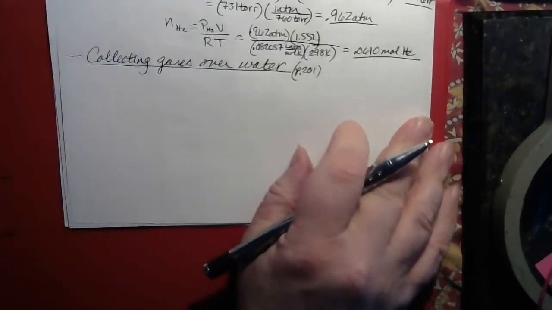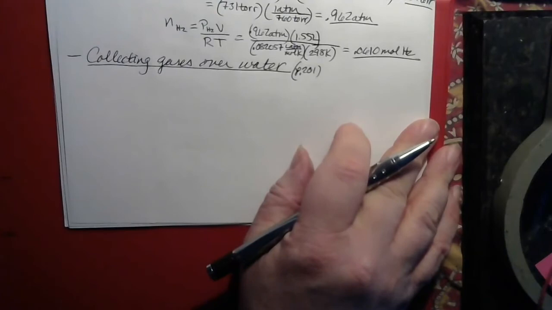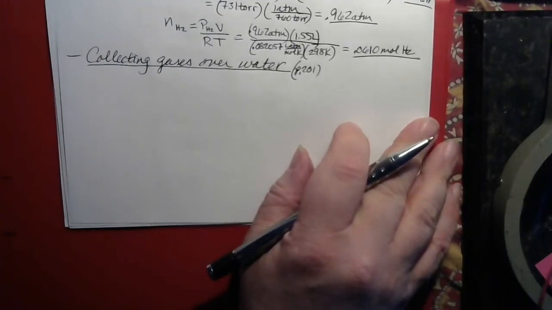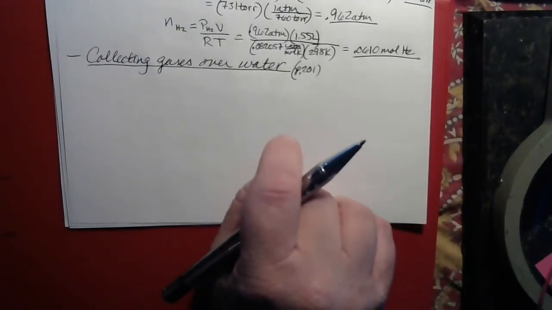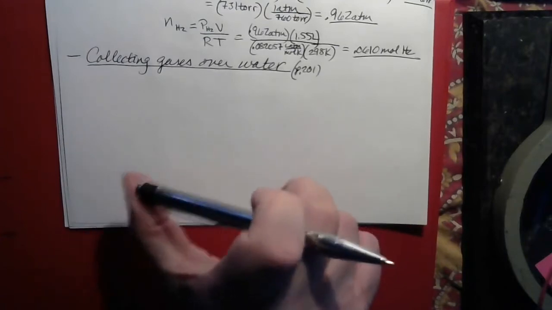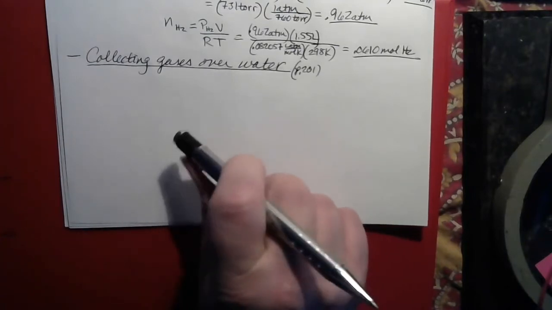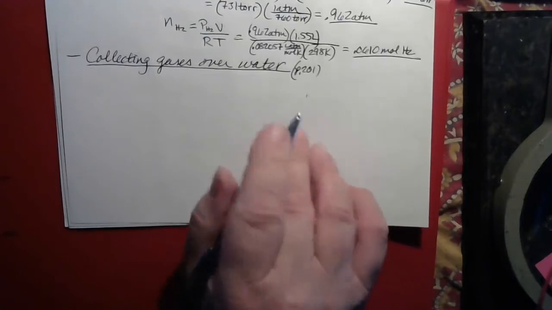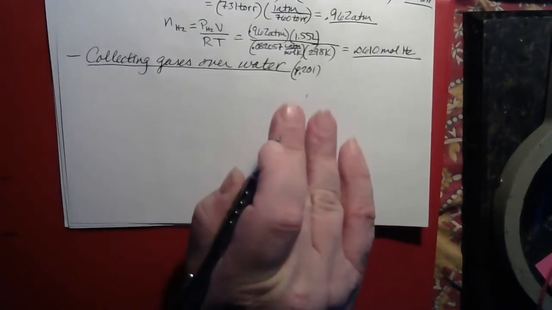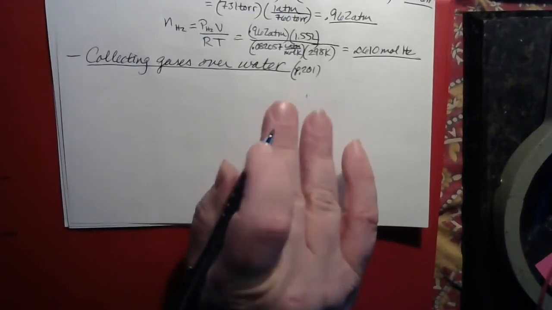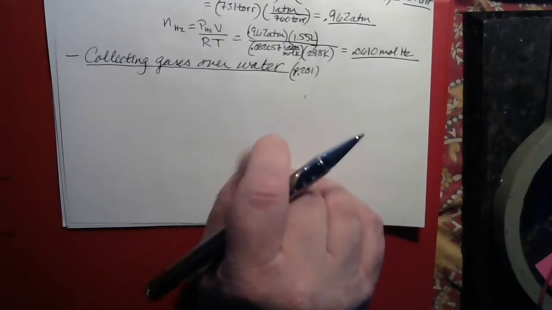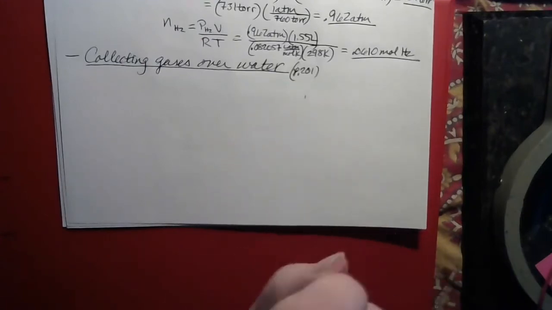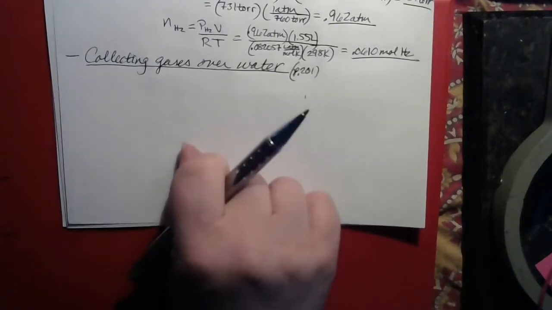But essentially, you'll have a reaction going on in a test tube or a covered beaker or something like that, where a gas is being generated. And you need a way to trap that gas in a way that you can measure it later on. What you usually do is take an empty test tube and fill it with water, and then you invert it upside down in a beaker of water and take a tube running from the container where the reaction is occurring and stick the other end of that tube up into your test tube.